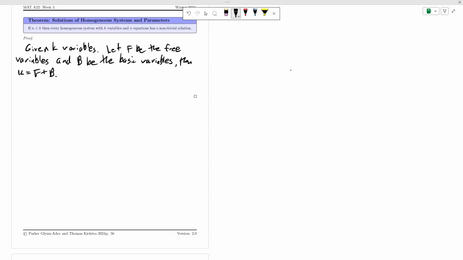Okay. Now, each equation can produce at most one basic variable.